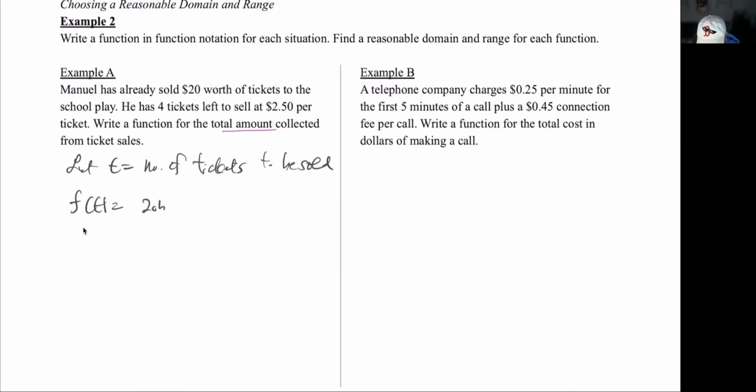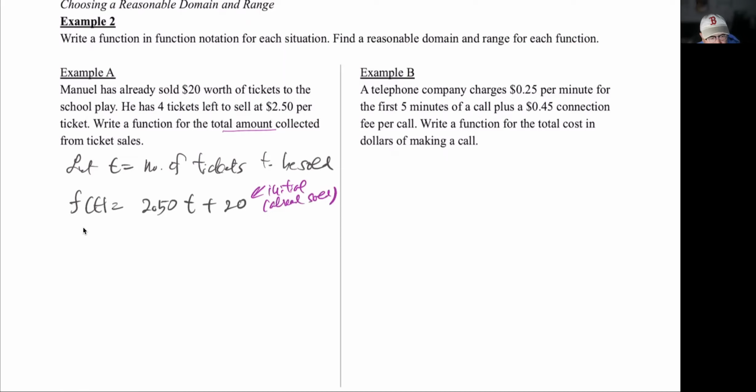It's $2.50, the amount they're going to make per ticket, times the number of tickets, which is t, plus the 20 that he already has. So that right there is the initial fee, or initial value. In this case, this is the amount already sold.